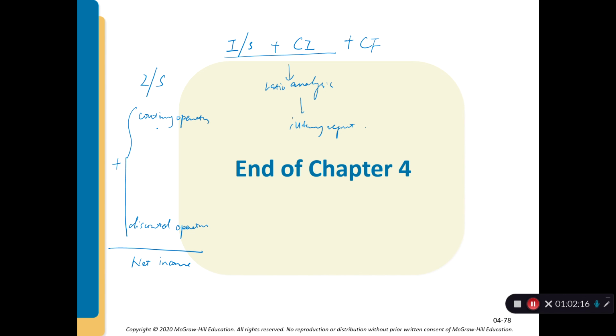And then in the continuing operation, we say that there's a core operation related and a non-core related, which we call tangentially related. So the core related is mainly what we call operating income, right?